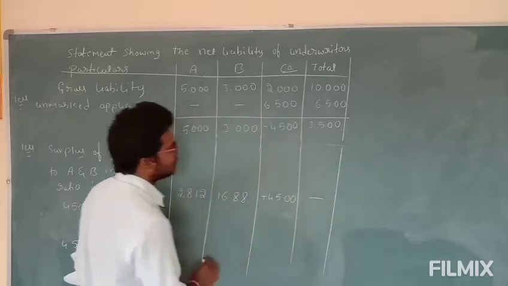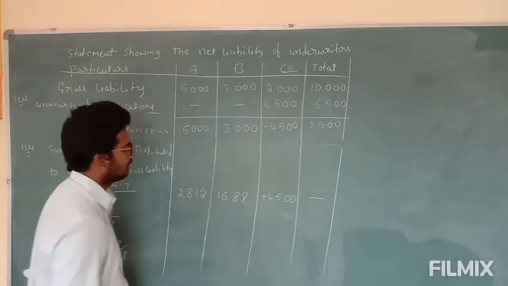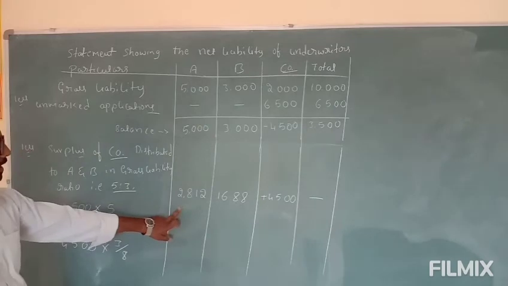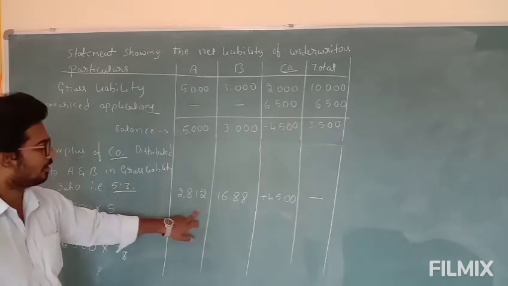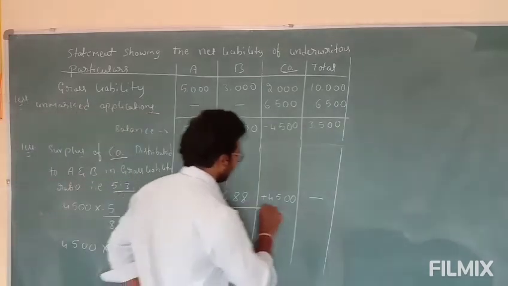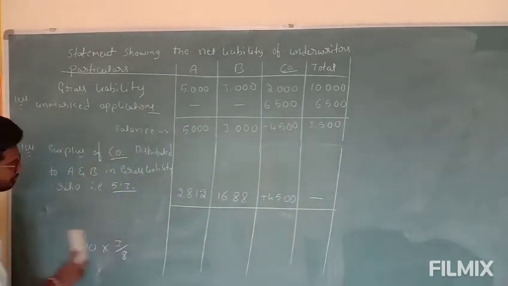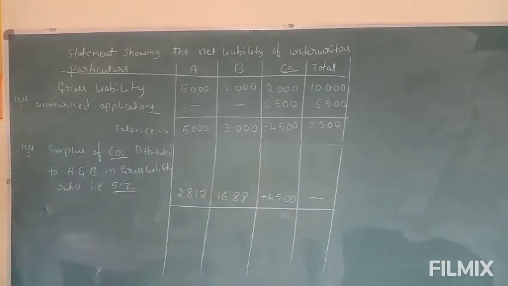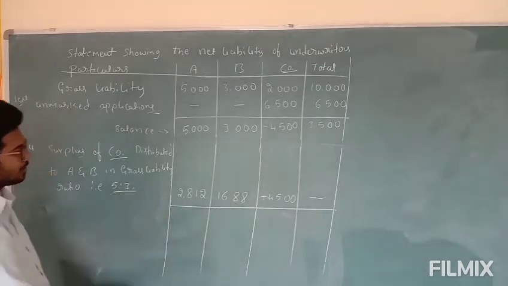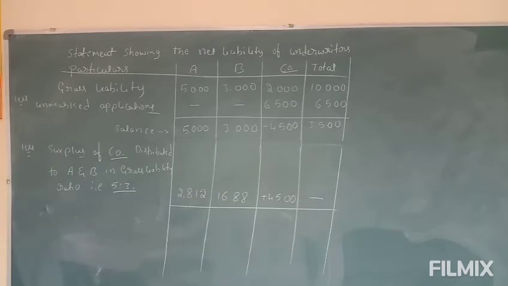So any surplus you should not make into the total column. So it will be adjusted. Let's see further whether any surplus will come again. So 5,000 minus 2,812, you will get 2,188.